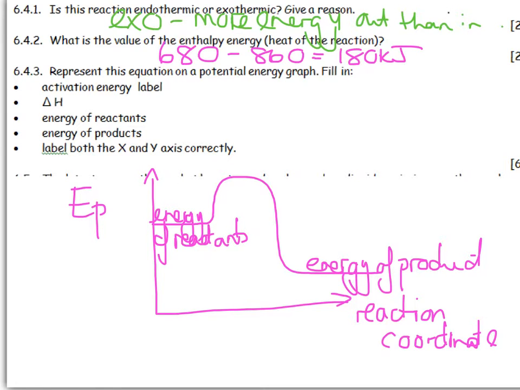If I need to put in delta H, it's the difference between the energy of the products and the reactants, and that happened to be 180 kilojoules. I don't think you had to put the value on. The activation energy is from the energy of the reactants up to the activated complex. They didn't ask for you to label the activated complex in this case, but that is where the activated complex is, and that is your activation energy.